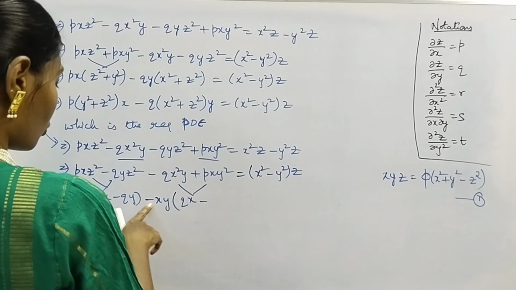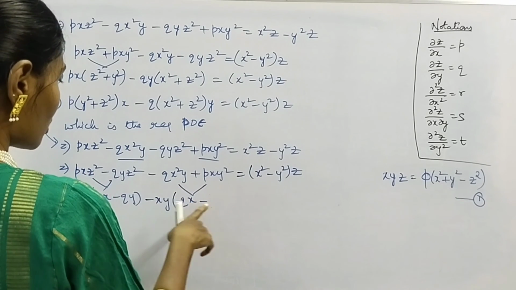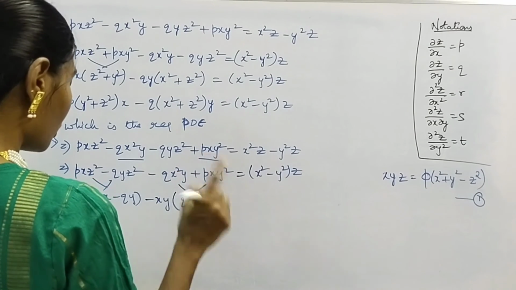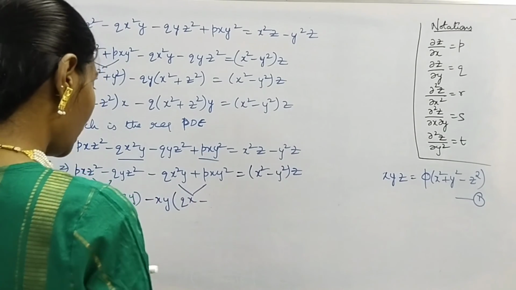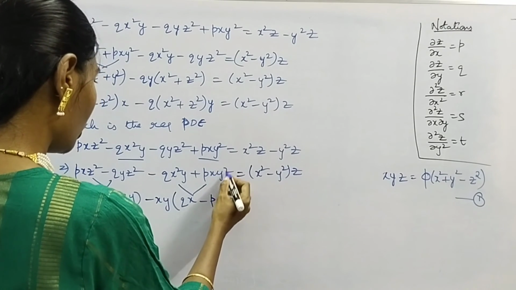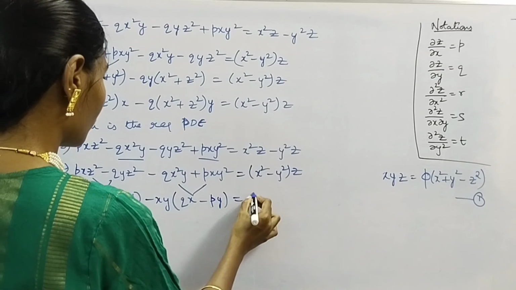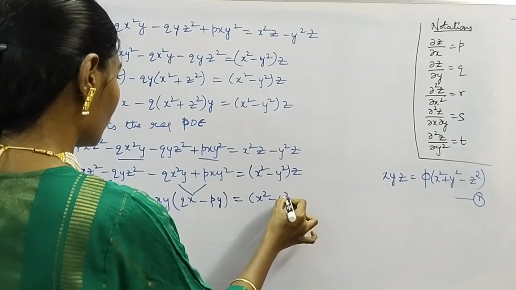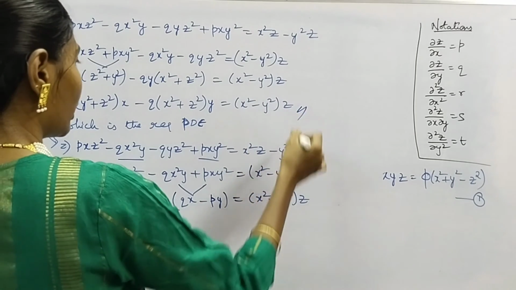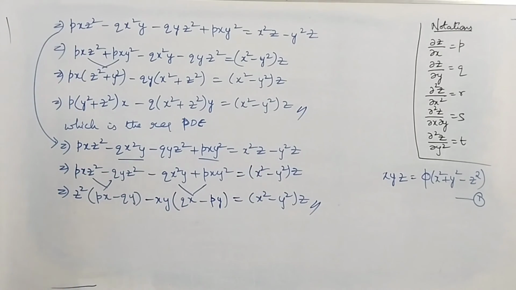Since you took minus common, minus and minus gives plus. Here you have plus, so we'll write minus here. If you take xy common, you'll get p into 1y.